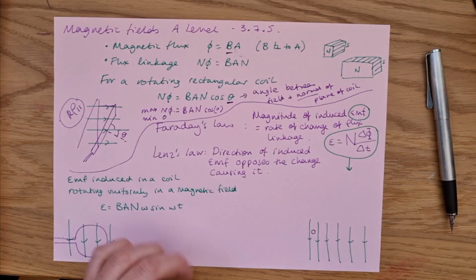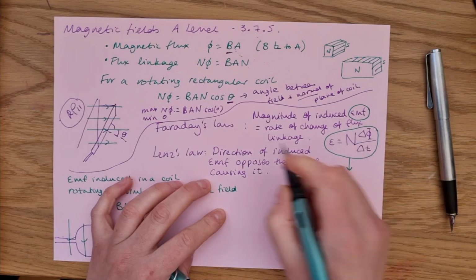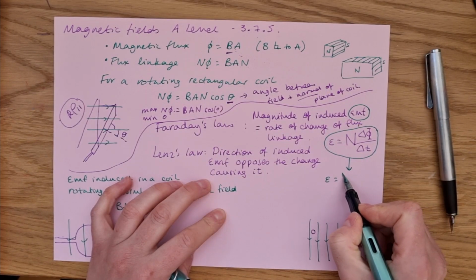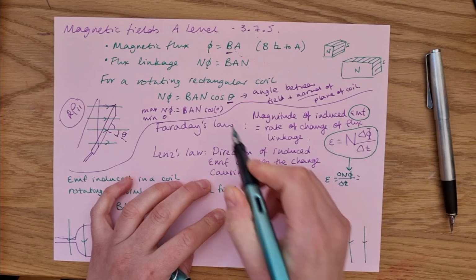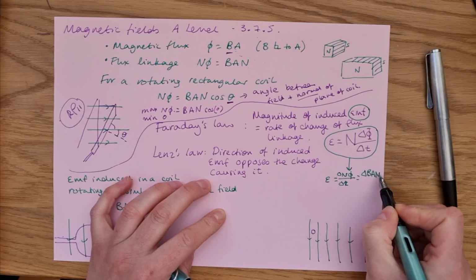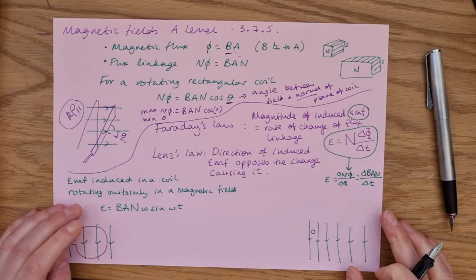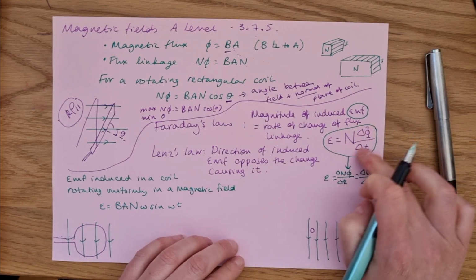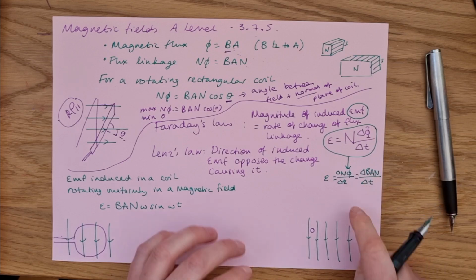Quite often, a more useful form is EMF equals the change in NΦ divided by the change in time, where NΦ is equal to BAN. So it's the change in BAN divided by the change in time. That is a more useful equation, but you get given this and you get given this and you've got to put them together so you can work out the EMF produced.